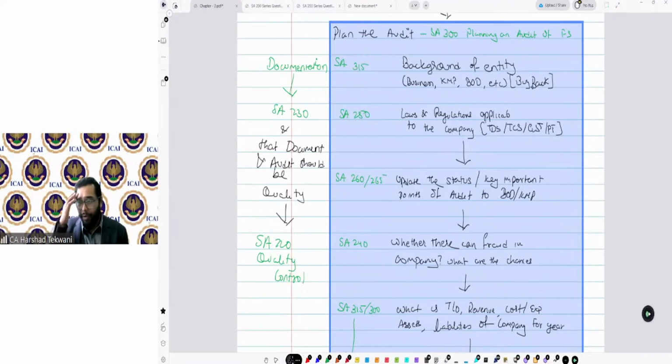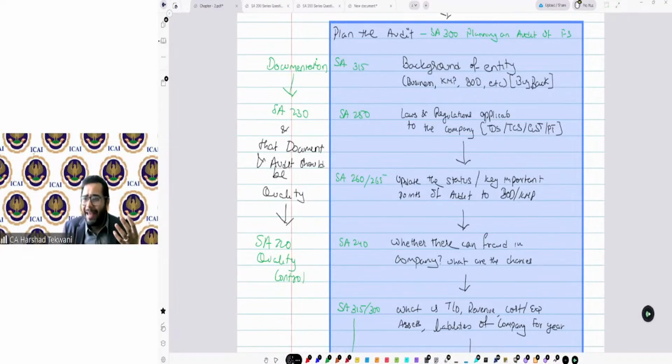Overall objective is to obtain sufficient appropriate audit evidence in order to provide reasonable assurance that the financial statements are free from material misstatement, or in all material respects are in compliance with the applicable financial reporting framework. That's the expression of opinion. We express an opinion. That is the overall objective.